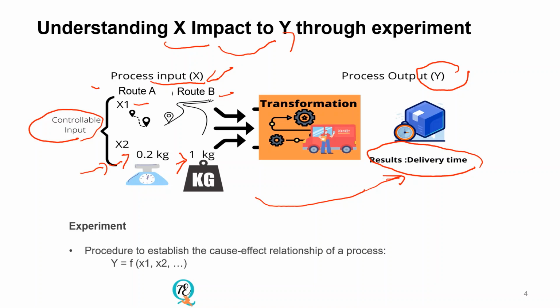In order to find out all these things, we will need to conduct an experiment, which is a procedure to establish the relationship of X and Y, the cause and effect. The cause is an X, how it impacts or effects Y, which is the result.